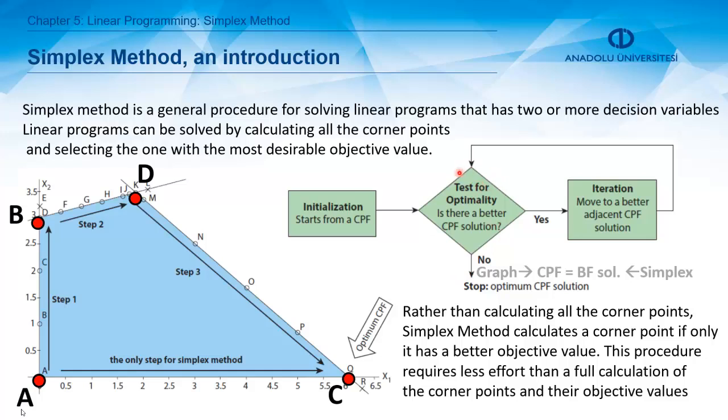If the solution is not optimal, the method passes on to the next corner point and checks its optimality. This is a repetitive procedure and it repeats until it reaches the optimum solution. So, our Simplex Method is a repetitive process.